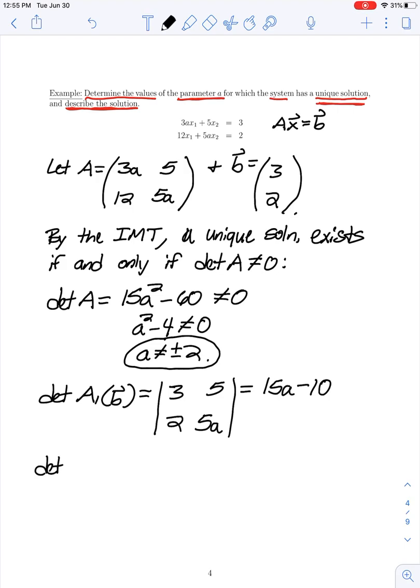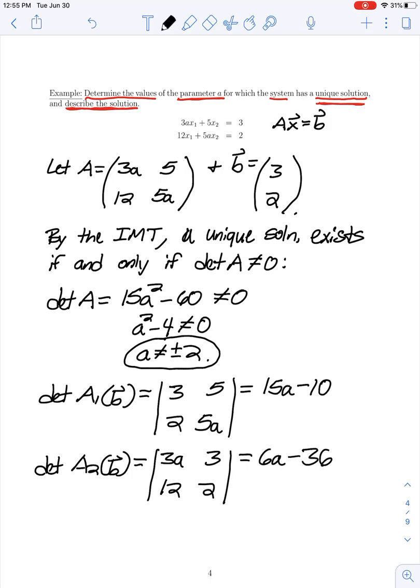And for the determinant of A2 of B, we're looking at the matrix whose first column is 3A and 12, the first column of A, and our second column is replaced by B, which was the vector 3, 2. So the determinant is then 6A minus 36.